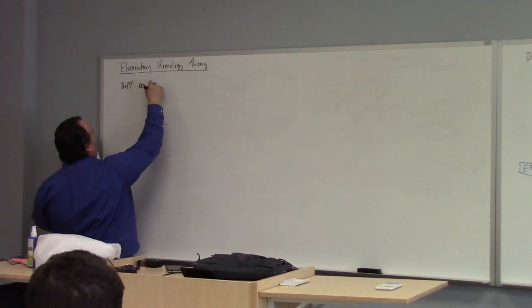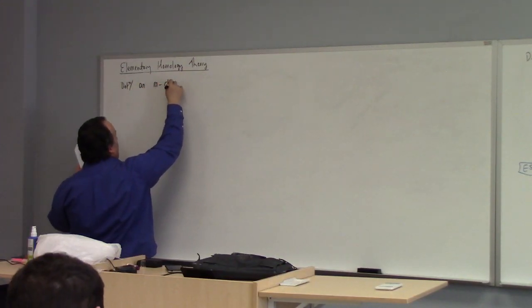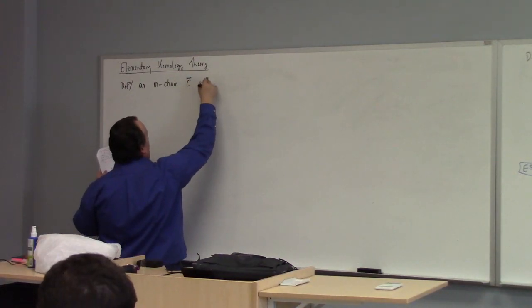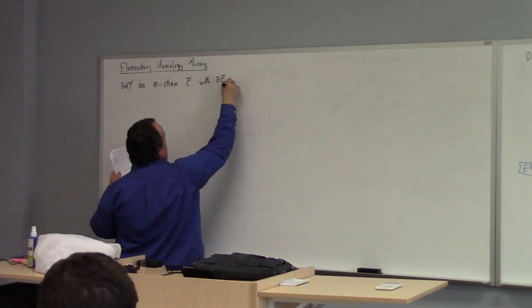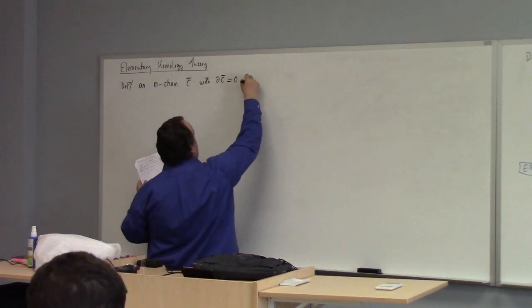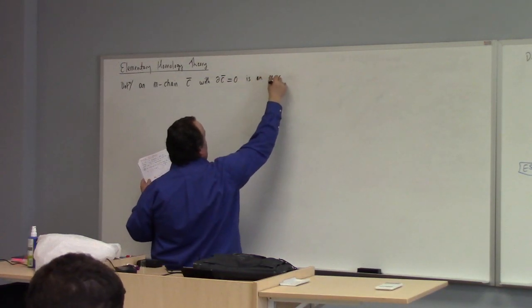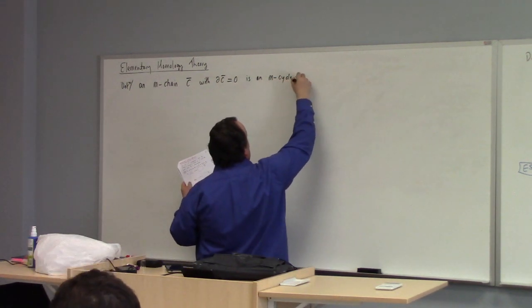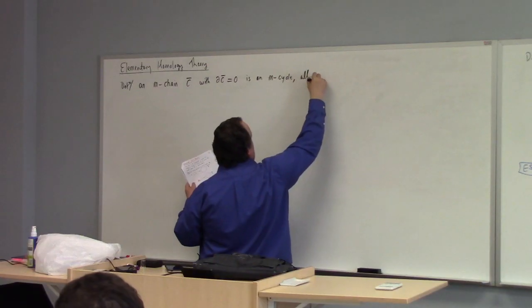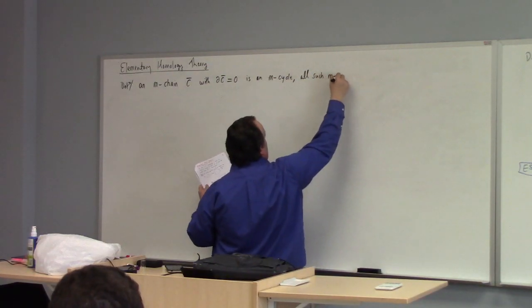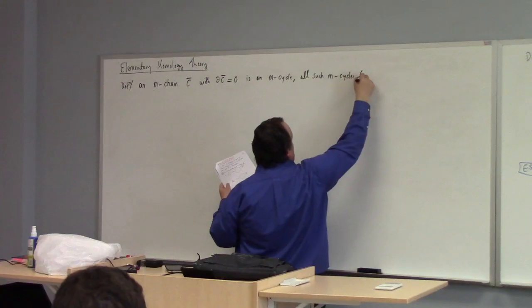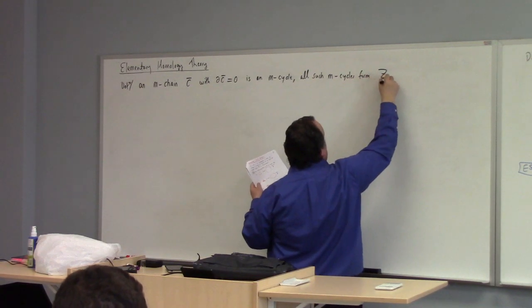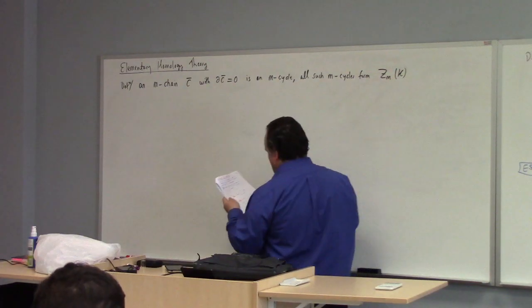An M chain C bar with boundary of C bar equal to 0 is an M cycle. All such M cycles form Z_M K. All right.